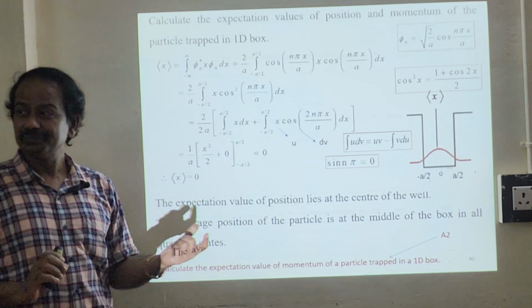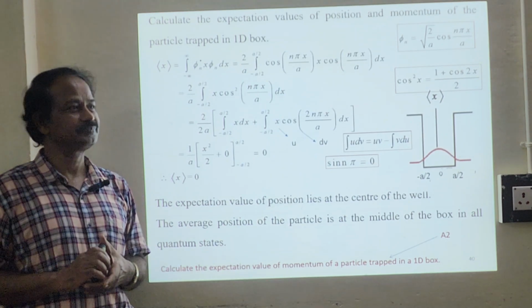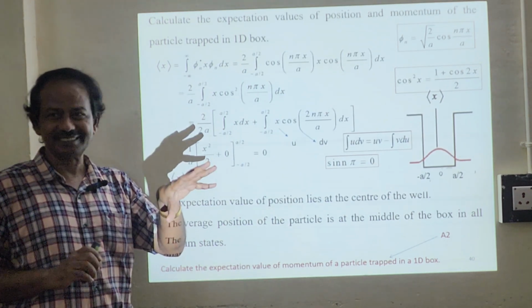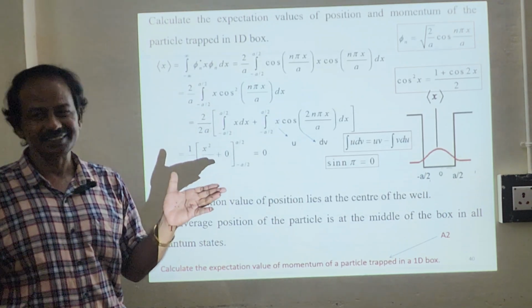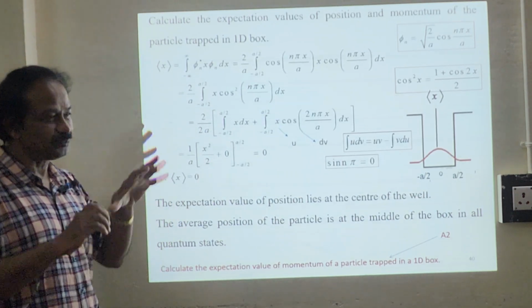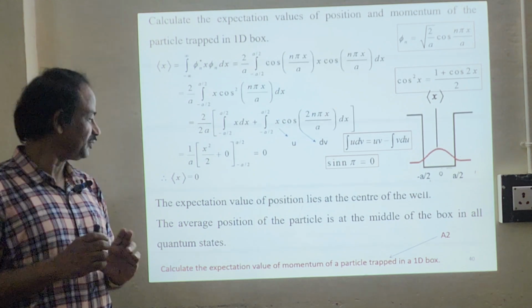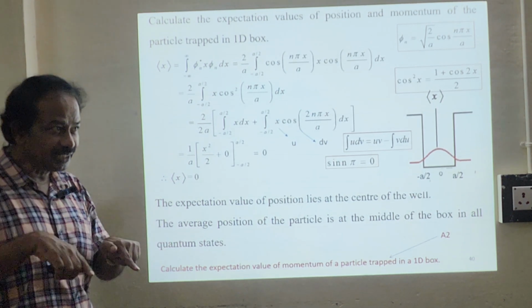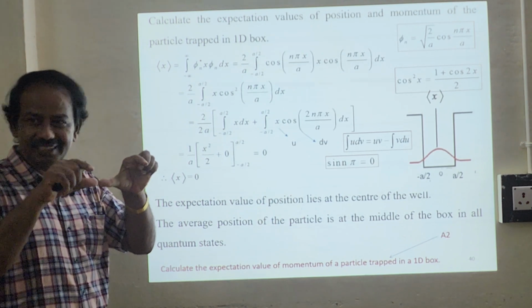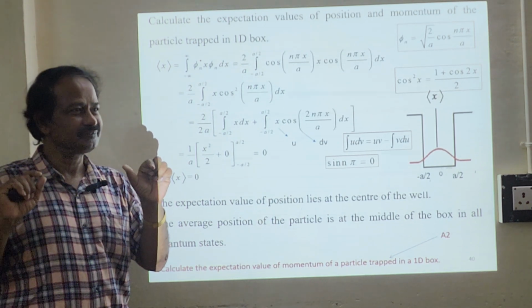We are talking about momentum. The position exists, so the answer will be 0. What you say is correct. Because the position value exists, try it. The expectation value of the position lies at the center of the well. At the center of the well, the position exists. Okay. So the momentum will be 0.